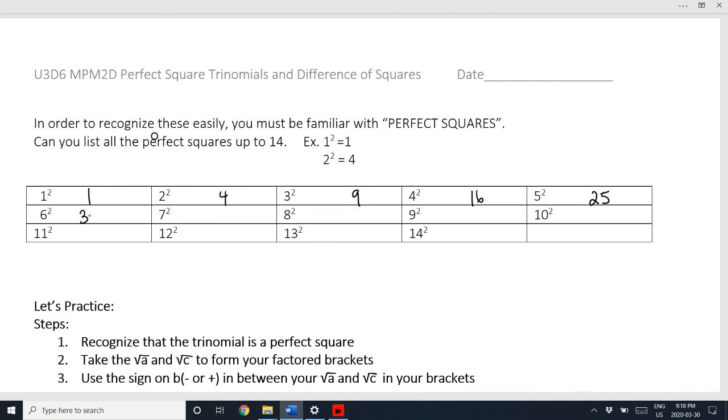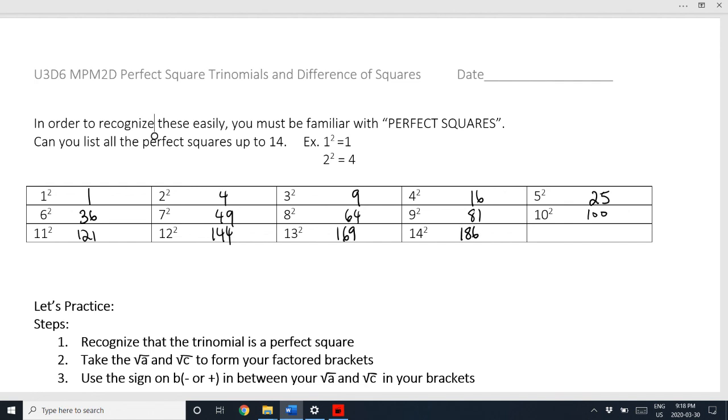6 squared, 36, 7 squared, 49, 8 squared, 64, 9 squared, 81, 10 squared, 100, 11 squared, that's 121, 12 squared, that's 144, and 13 squared, 169, and finally 14 squared, which is 196.